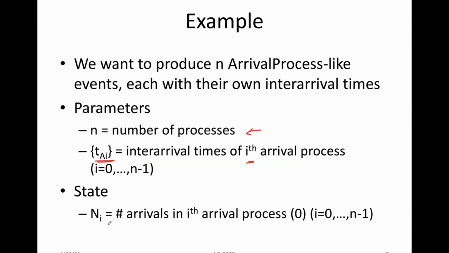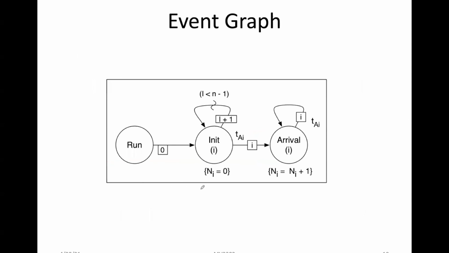And now my state is going to be also an array. So n sub i is going to be the number of arrivals in the ith arrival process. It's going to start at 0, and i is going to go from 0 to n-1. So in other words, I have two arrays here: one is an array of inter-arrival times, and another is an array of state variables. And this is what that event graph would look like.